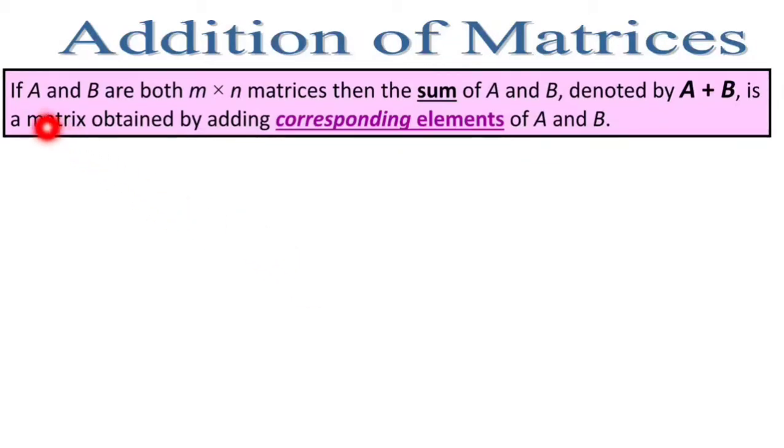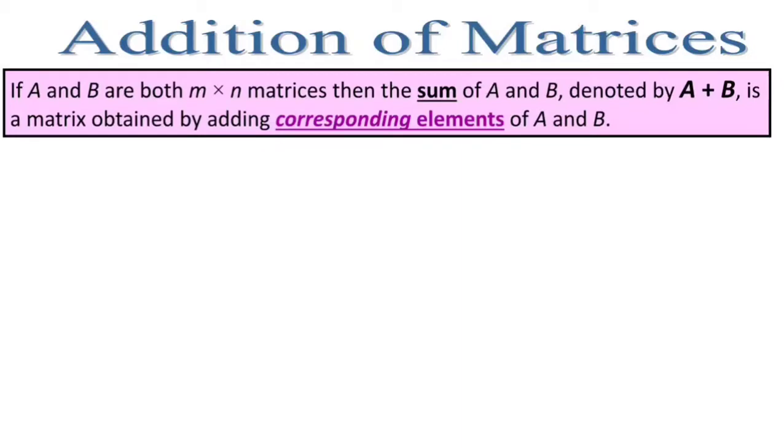See here, if A and B are both m by n matrices, then the sum of A and B is denoted by A plus B and is a matrix obtained by adding corresponding elements of A and B. Means the addition of two or more matrices is possible if the dimension or order is the same.